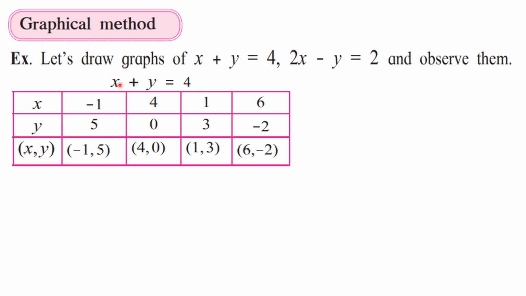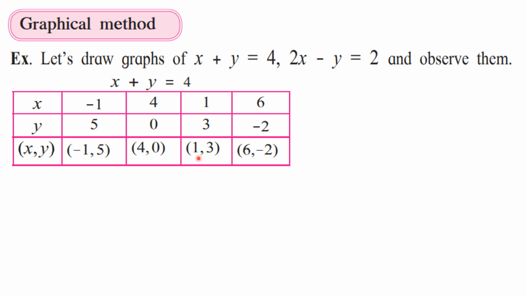When you put x equal to 0 here, the value of y you will easily get as 4, because 0 plus y is equal to 4, that means y is equal to 4. And when you put y equal to 0, at that time x is 4. So these two pairs you can easily get if you take once x as 0 and once y as 0. This is only a suggestion, okay? You can take any values of your choice.